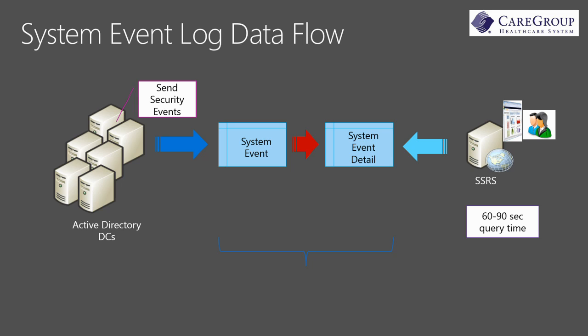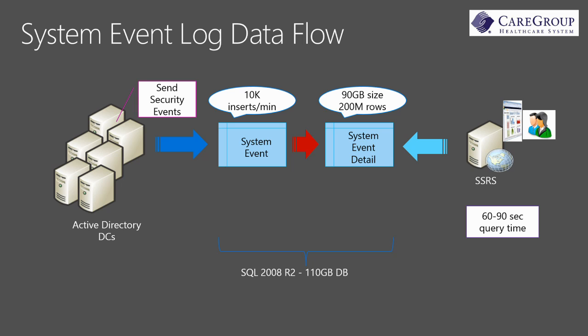Queries were taking somewhere between 60 and 90 seconds for their larger aggregating reporting queries. About 10,000 inserts per minute through the system on a steady state. There's 200 million rows, 90 gig, in the system event detail. So again, this was 2008 R2, about 110 gig on disk.